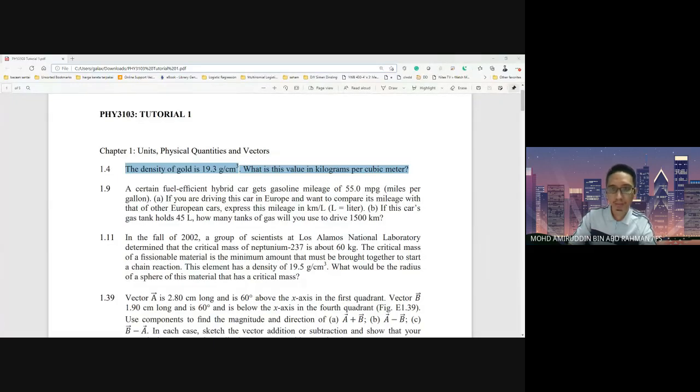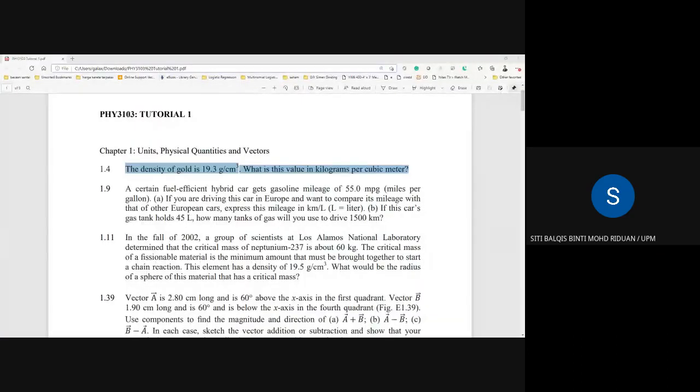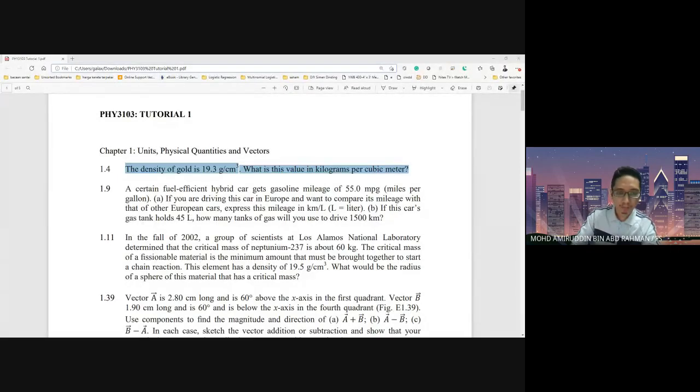Siti Balkis, what's the conversion from 1 mile to how many kilometers? 1 mile is 1.6 kilometer. All right, that's correct. So do the conversion, and one more, gallon to liter.